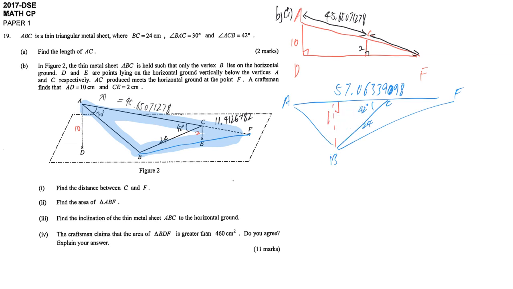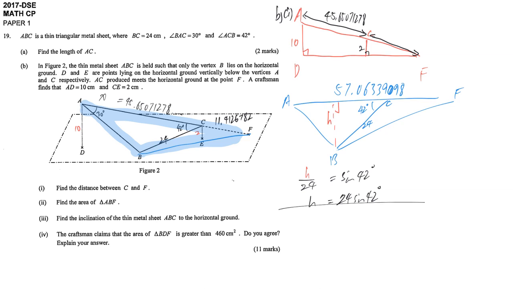I let the height be h. h divided by 24 is equal to sine 42 degrees. To get the area of this triangle, we have the base and the height already.